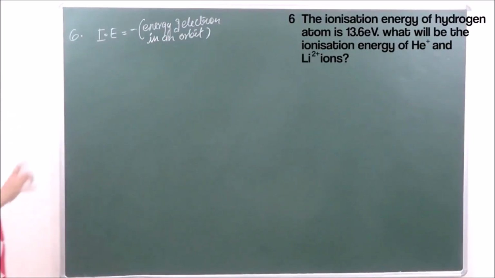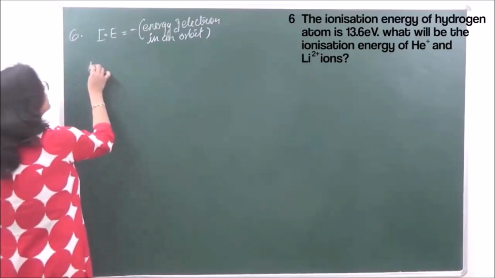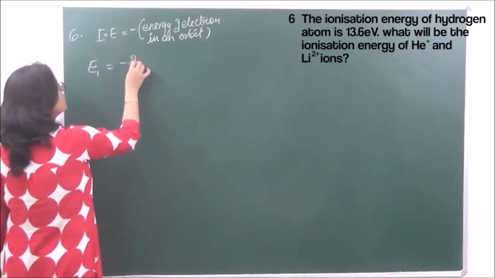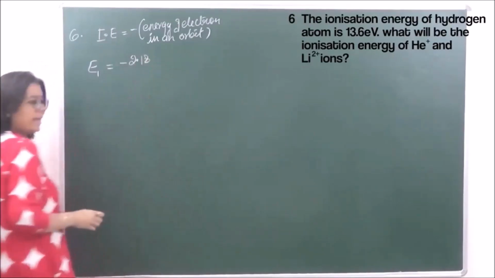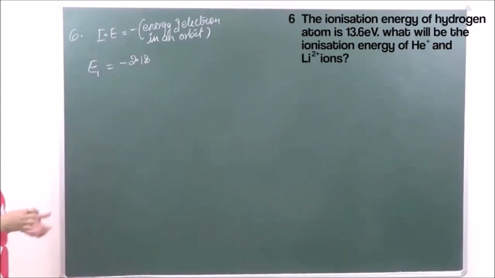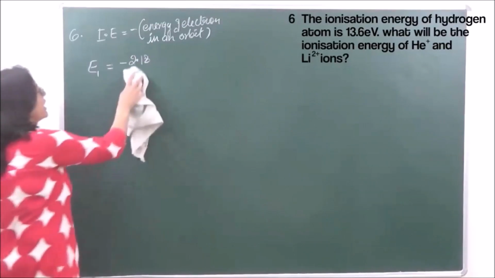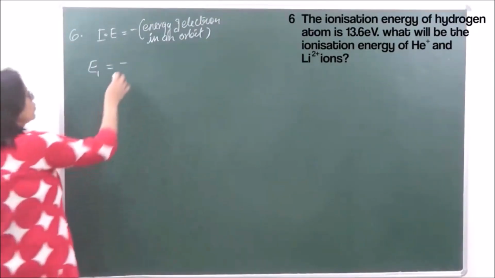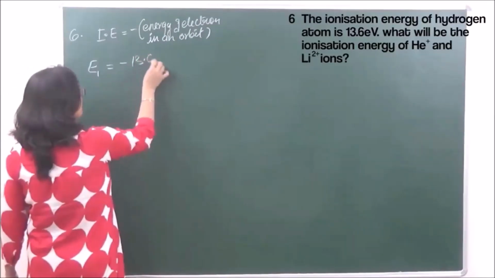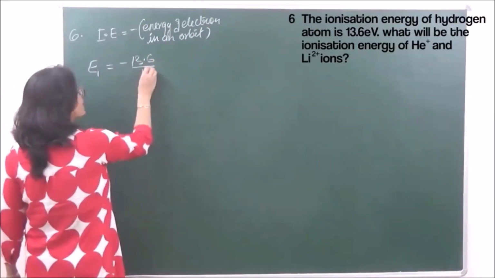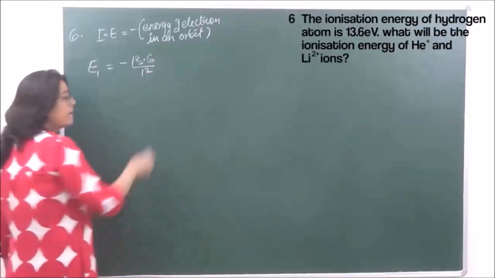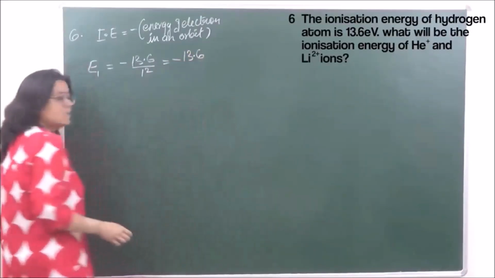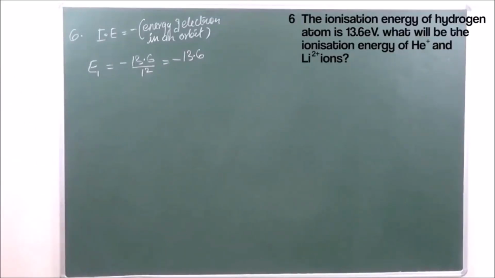Now the energy of the first orbit of hydrogen, in electron volts, is minus 13.6 upon 1 square, which is equal to minus 13.6.